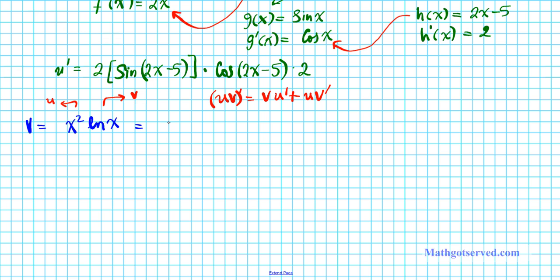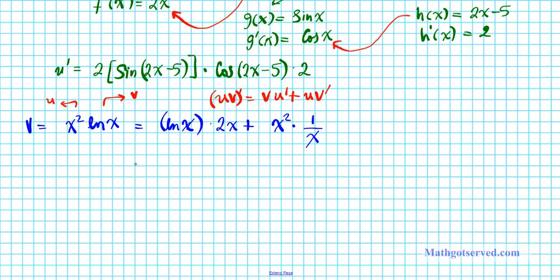We're going to have v, the natural logarithm of x, times the derivative of x squared. U prime is going to be 2x, plus u, which is x squared, times the derivative of v. V is the natural logarithm of x, so v prime is 1 over x.